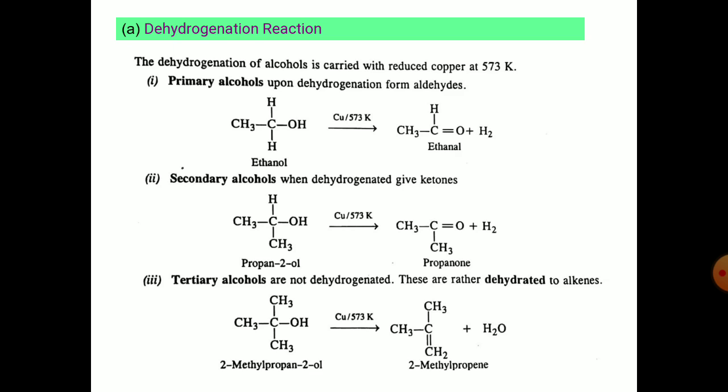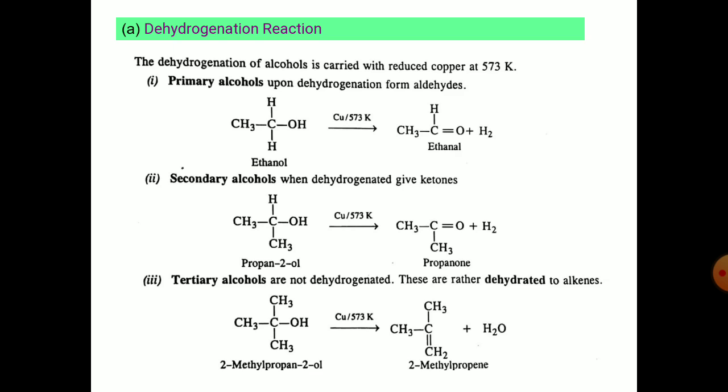Coming to secondary alcohol, when dehydrogenated it gives ketone. CH3CH(OH)CH3. So the H of the OH group and the H of the carbon which is connected with the OH group go out. So as a result C double bond O is formed. So what is formed? CH3 C double bond O CH3 plus H2.